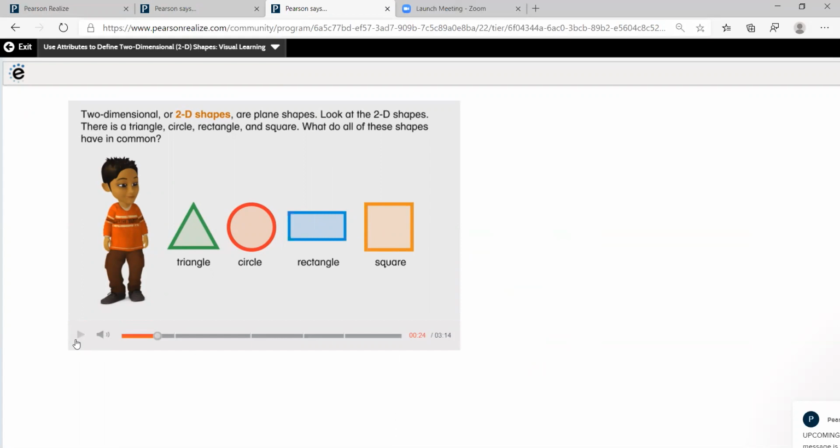Look at these 2D shapes. We have a triangle in green, a circle in red, a rectangle in blue, and a square in orange. What do these shapes have in common? How are these shapes similar?